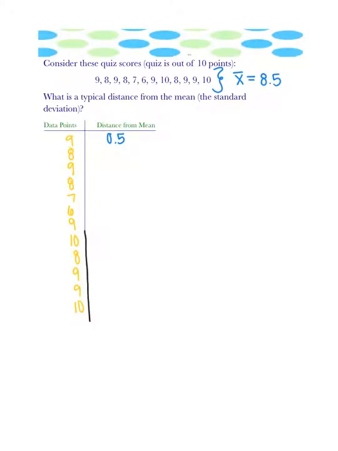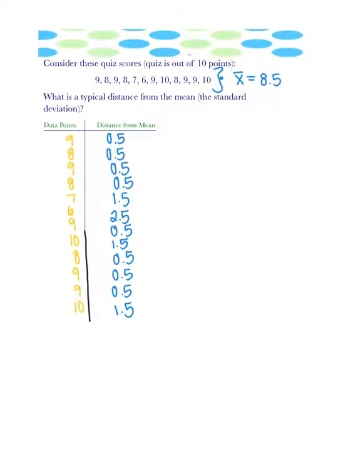The distance from 8 to 8.5 is 0.5. 9 is 0.5. 8 is 0.5. 7 is going to be 1.5. 6 is going to be 2.5. 9 is 0.5. 10 is going to be 1.5 units away. 8 is 0.5. 9 is 0.5. 9 is 0.5. And 10 is going to be 1.5. So those are all my distances from the mean.